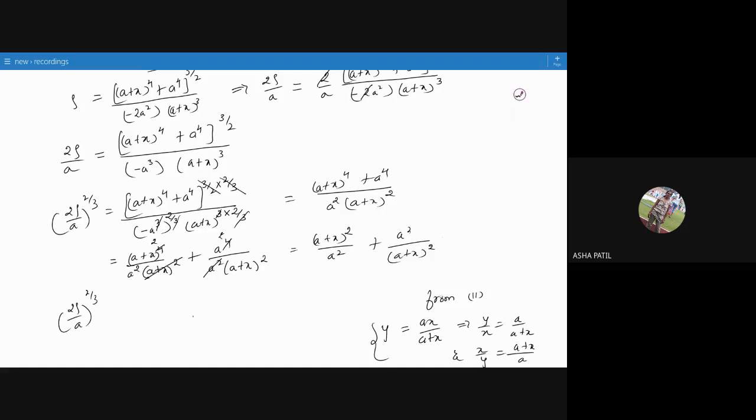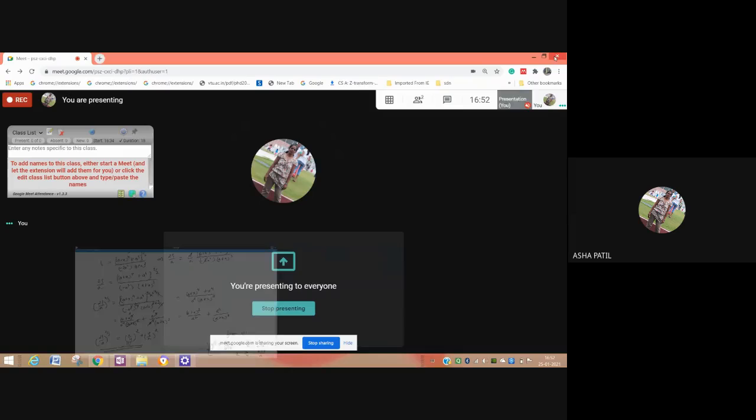Substituting this in our 2 rho by a raised to 2 by 3, we have (a plus x) upon a, which is equal to x by y, squared here, because it is (a plus x) whole square upon a square. Similarly, here we have a square divided by (a plus x) whole square, that is a upon a plus x, which is y by x whole square. So this is the result: 2 rho by a raised to 2 by 3 is equal to (x by y) whole square plus (y by x) whole square. Thank you.